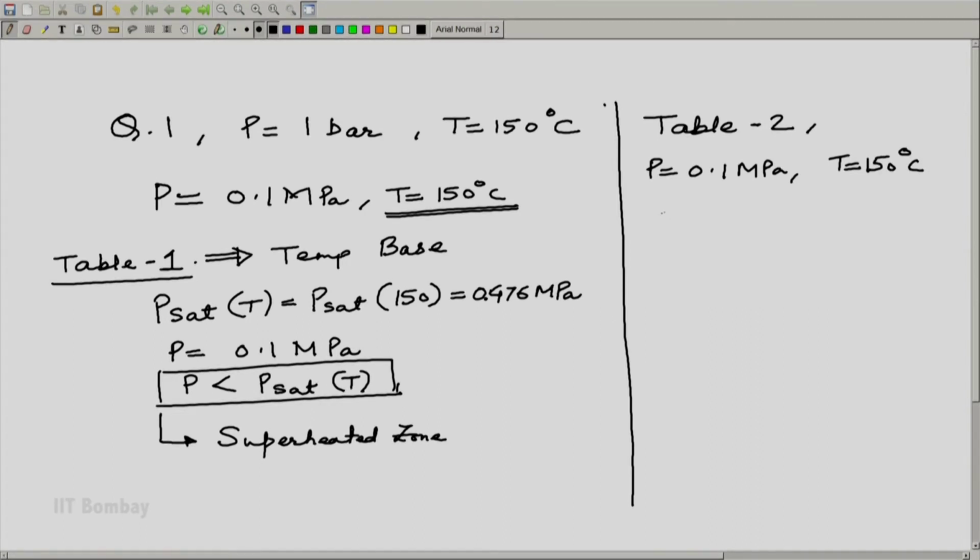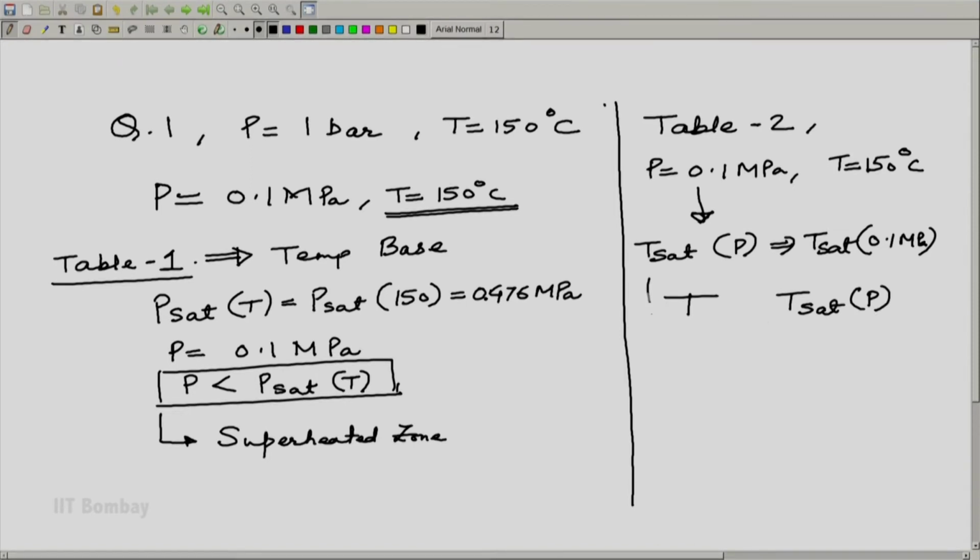Because pressure is the base now, let us get T sat P, that means T sat at 0.1 MPa, and then compare T and T sat P. What is T? 150 degree centigrade, and let us compare this T with T sat P. So, can we go to table number 2 and locate the condition of P is equal to 0.1 MPa.